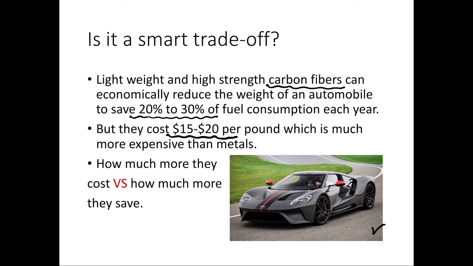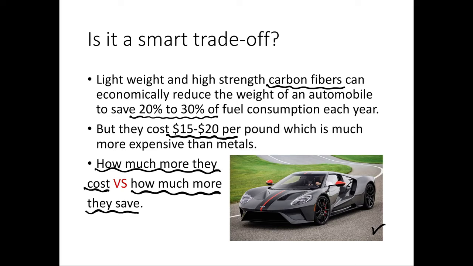So the question to answer is how much more the materials cost for a car, versus how much more a car made of this can save. So you want to compare this. If you save more, then it's a good deal.